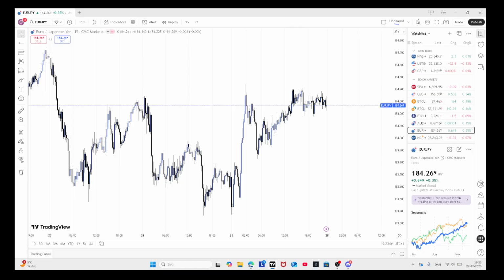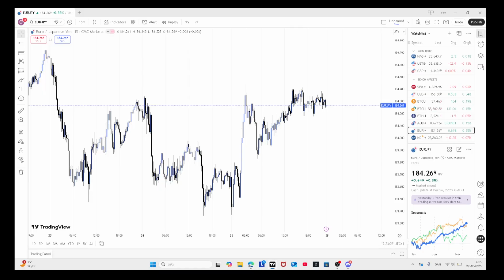But let's talk about clean structure, because this is also a very important thing. Clean structure means price moves clearly without excessive wicks, chop, or randomness. When structure is clean, levels get respected, moves are smooth, and reactions make sense.